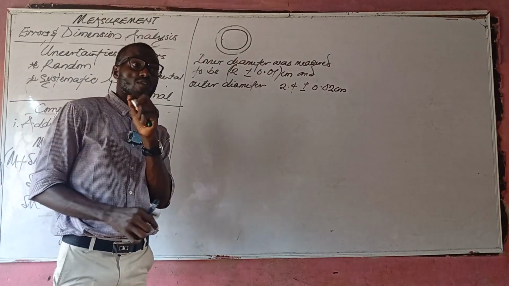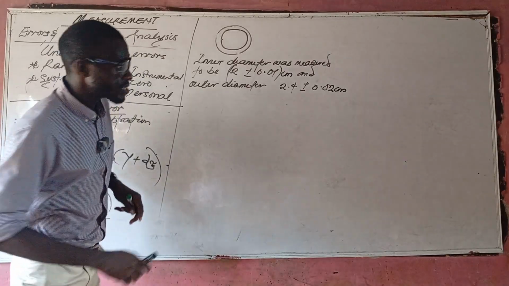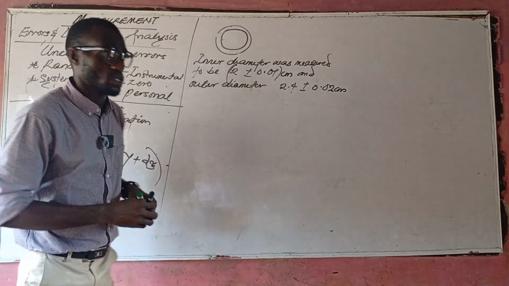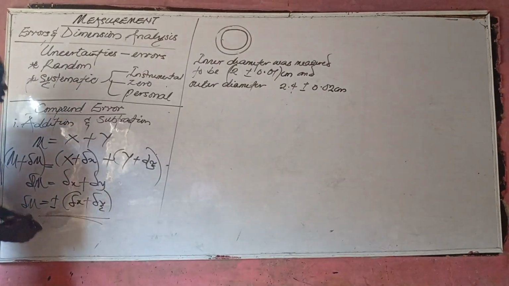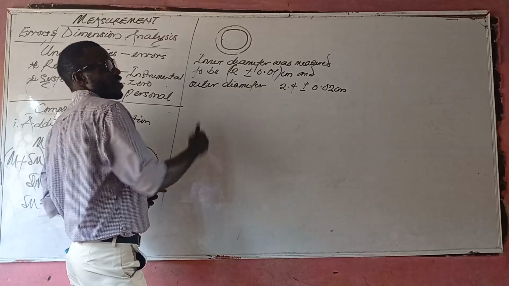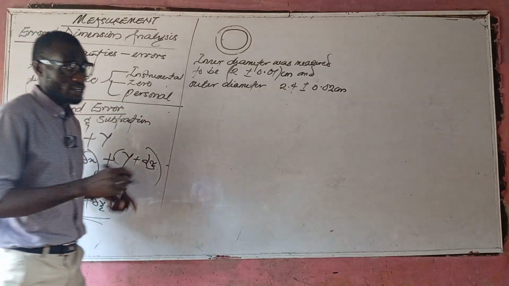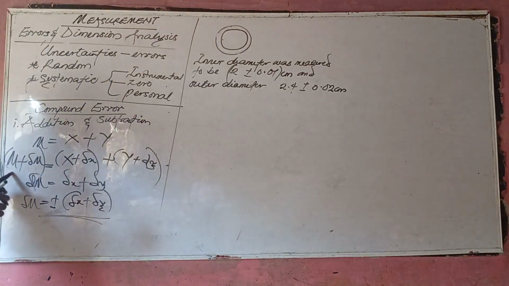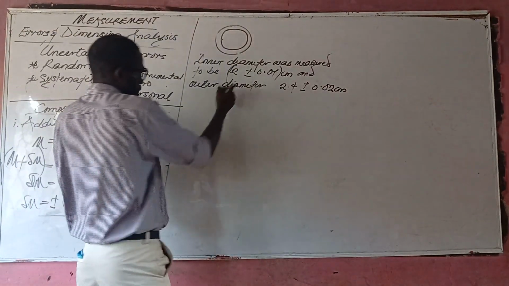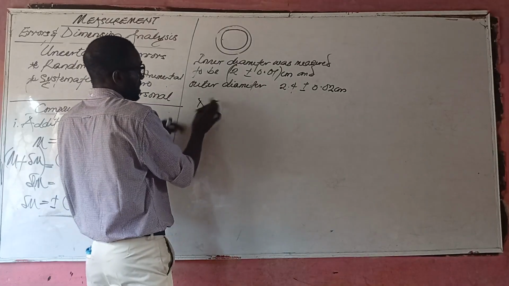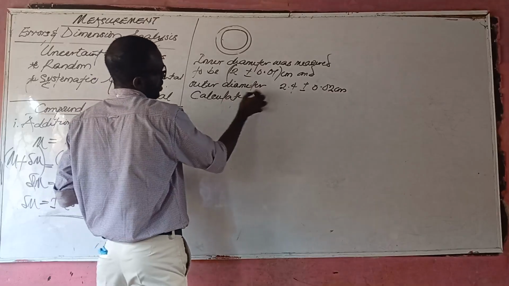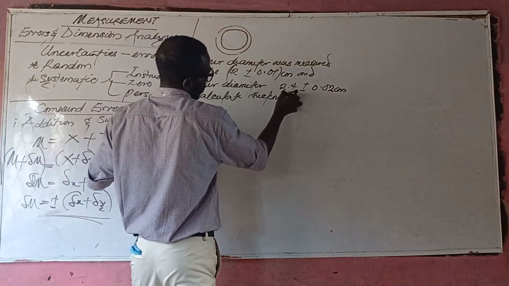So what is your percentage error? What if you are asked to calculate the percentage error? First, what's the error in the calculation? The erroneous calculation will be this m plus dm. So the erroneous calculation, which will be the thickness.